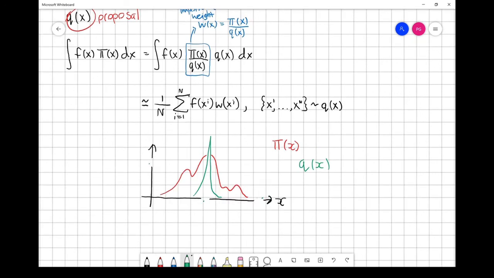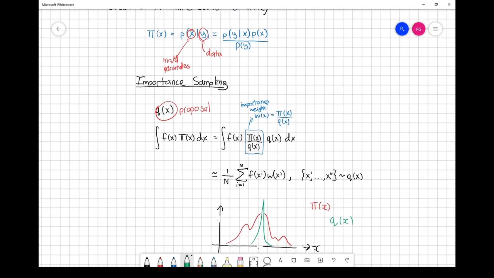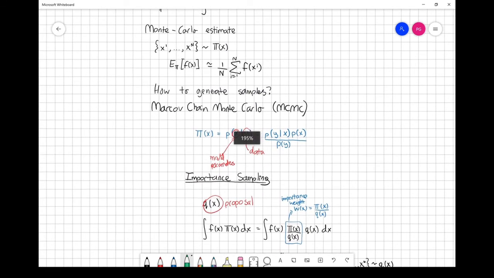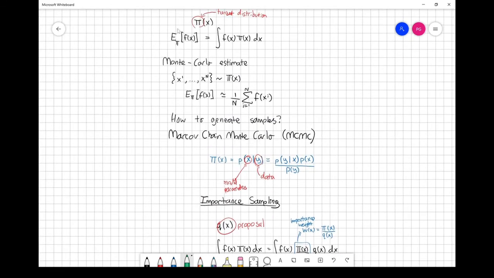So I think that's far enough for this first video. To summarize, we've got some kind of target distribution where we want to estimate this quantity, f of x, or its expected value. One of the ways we can do that is by generating samples from the target, realizing a Monte Carlo estimate.